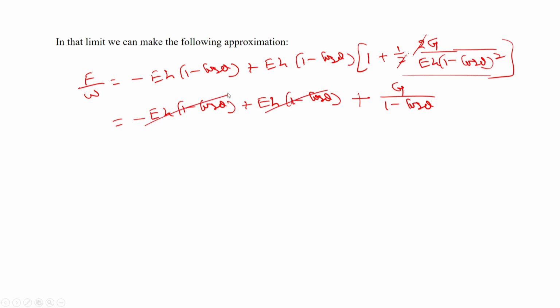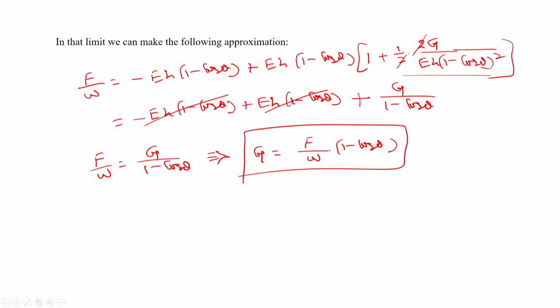In essence, what I have is F by W is equal to G over 1 minus cos theta, and this gives the expression of G in terms of the peeling load: F by W into 1 minus cos theta. This is a very simple expression for estimating the fracture energy from the peel force.